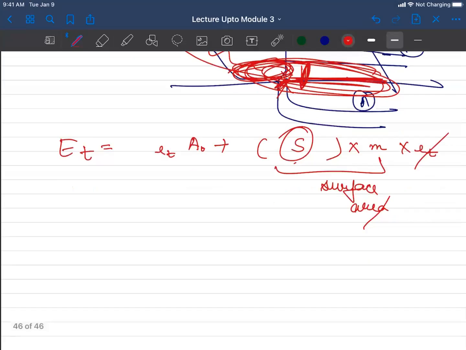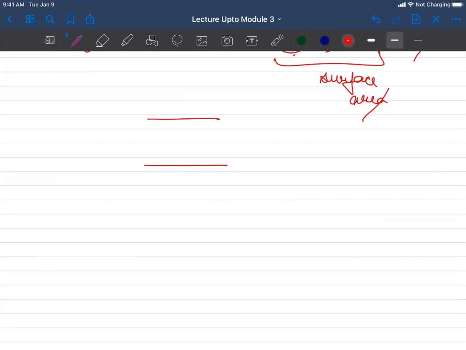You are estimating evaporation, not December, let's go to monsoons. You are estimating evaporation for the month of July. In June, just at the end of June, there was no water in your reservoir.